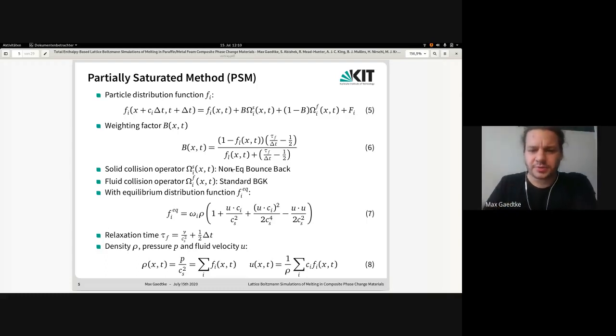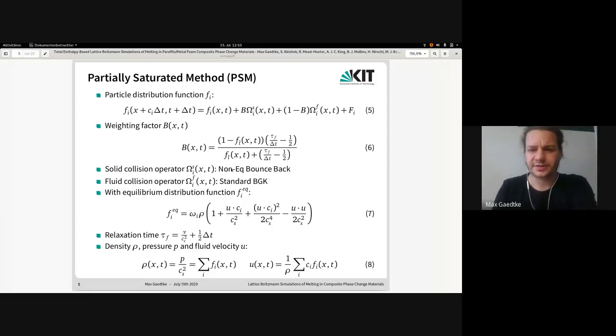So I don't want to go into detail here. For the velocity and the pressure and density field, we use the partially saturated method. That's a linear combination of two collision operators. The weighting factor is a function of the liquid fraction, f_L, here.